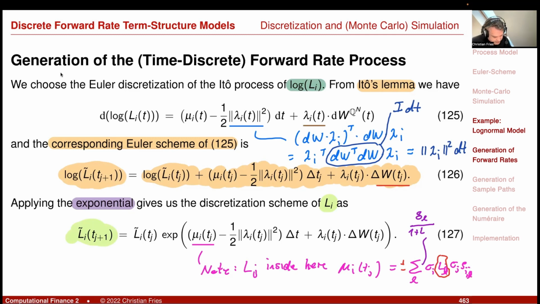So there is even another L inside. Maybe I note here that this is an L. So this drift is not constant.